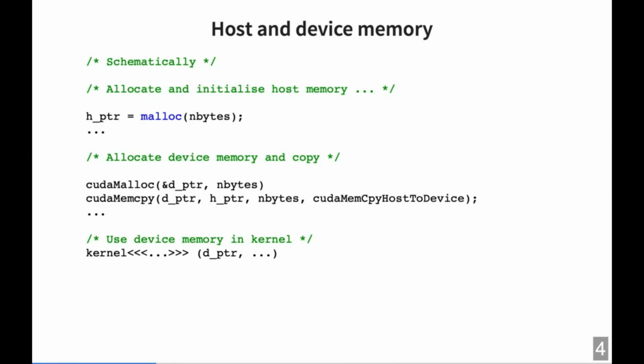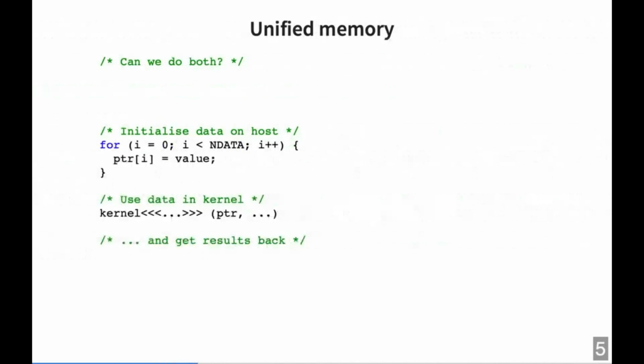So that's actually in some ways slightly tedious, and it would be nice if we could just do something like this. So I could imagine having a single allocation against a pointer here, which I might want to initialize on the host and then just use the same reference to get into the kernel.